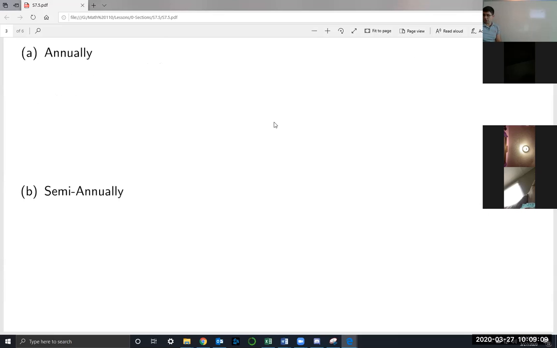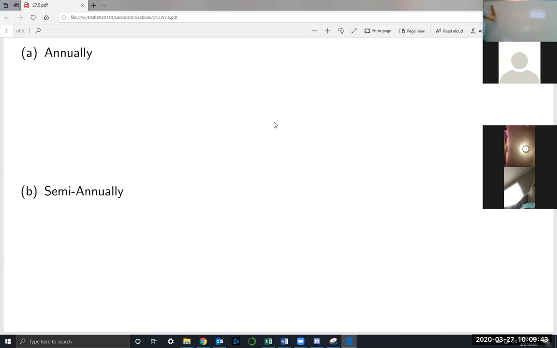This means, does anybody know what semi-annually means? Half of it? Half of what? The annual? Yeah, so it happens every half of a year, or twice a year. Technically it could mean multiple times, but if there's no other context, they generally just mean twice a year.